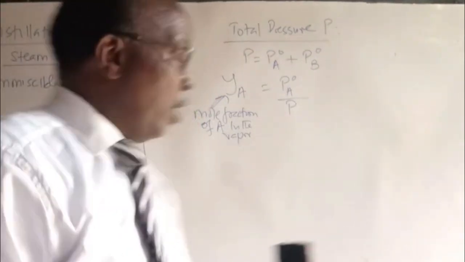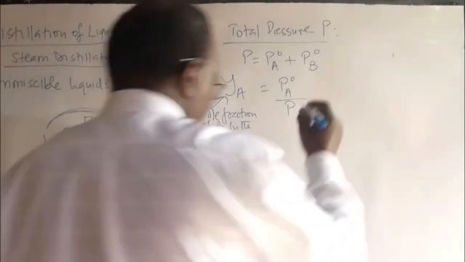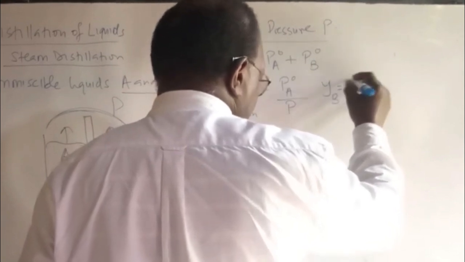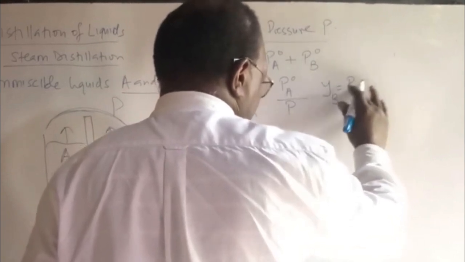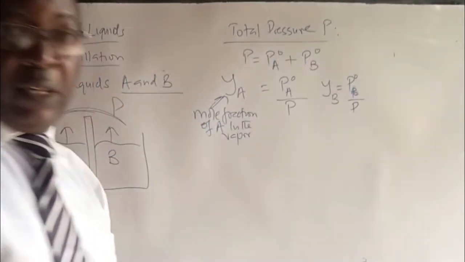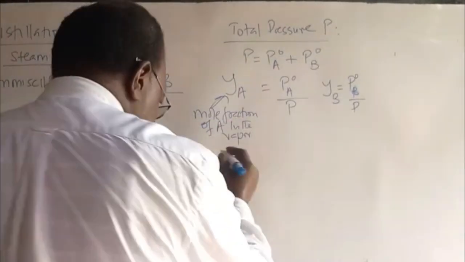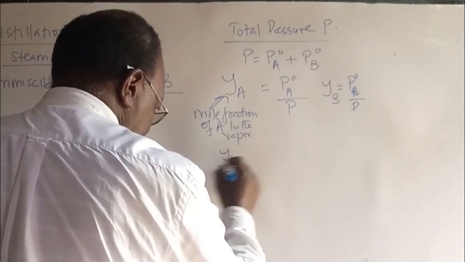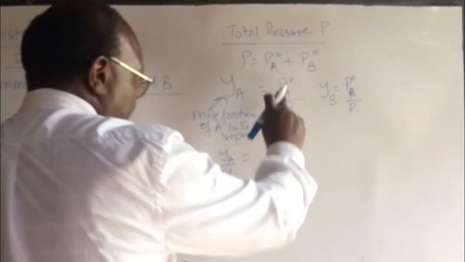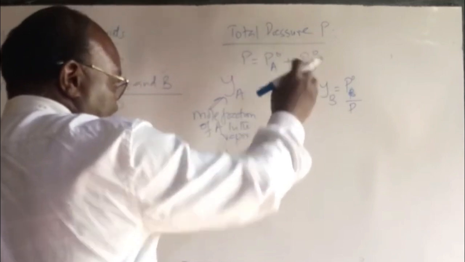Similarly, the mole fraction of this other component B, YB, will be given by the vapor pressure of pure component B over the total pressure. So that the ratio of the mole fractions YA over YB will simply be PA naught.